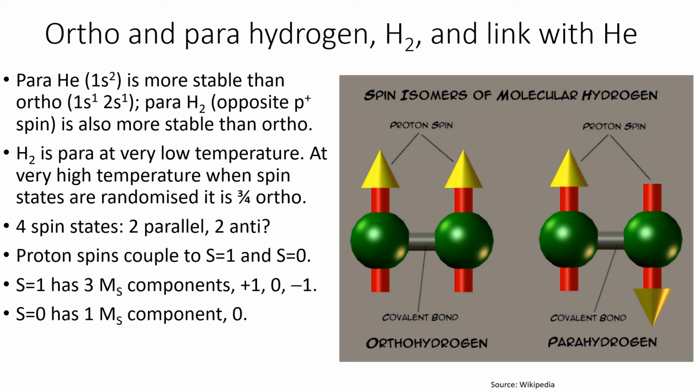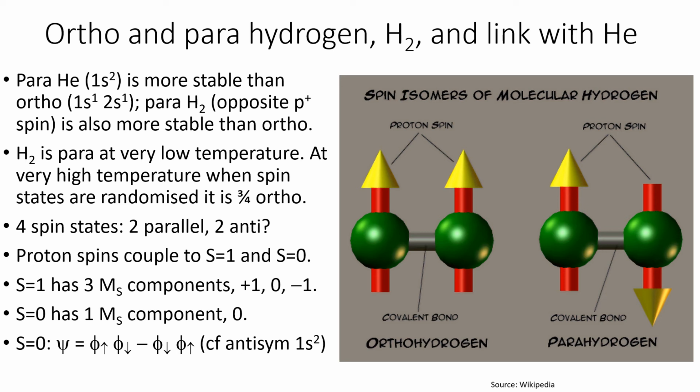Whereas when you consider the S equals 0 state, there's only one component, the ms equals 0. And so this is where the 3/4 ortho is going to come from. Because we've got 3 different ways of arranging S equals 1, and only one way of arranging S equals 0, this is the 3/4 to 1/4 ratio between the 2 states.